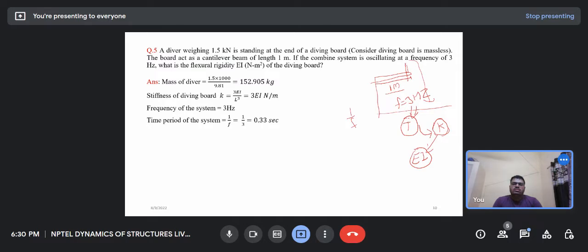The stiffness of the cantilever is K equal to 3EI by L cube. L here is 1 meter, so K is 3EI. If the time period is 0.33 second, can you calculate the stiffness through the time period? You have the mass, you have the time period, so find the stiffness through the period. Give a try.